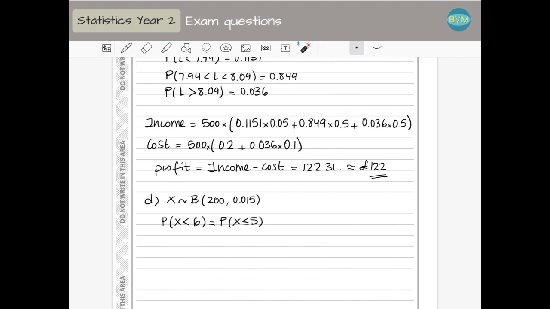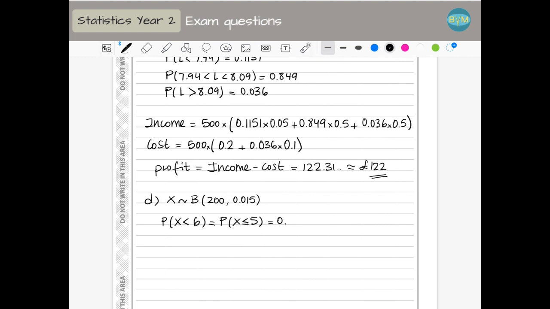Remember, with binomial distribution, as it is a discrete variable, I don't have this value in the calculator. I have smaller than or equal to, so I have to adjust so I am able to use the calculator. So I go to binomial CD, X is 5, n is 200, p is 0.015, and I get this value.